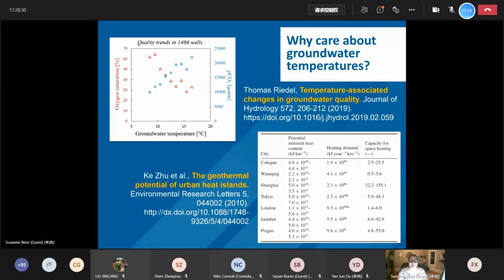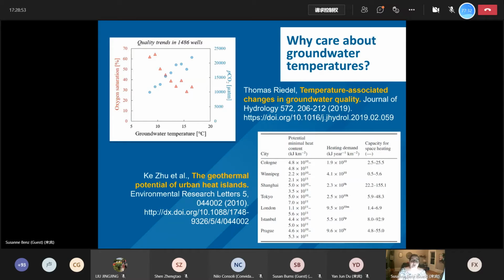Thomas Liddell finds that a difference in temperature of 1 Kelvin is linked to a 4% decline in oxygen saturation, and a pH drop of 0.02 due to the accumulation of carbon dioxide. So warmer groundwater might mean less groundwater quality, and so, well, could be difficult.